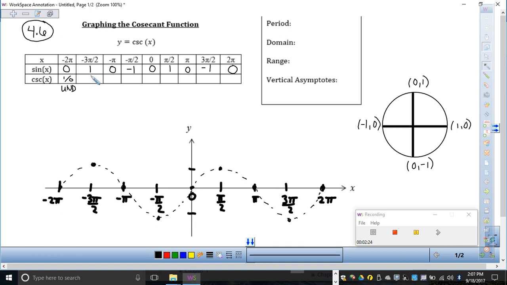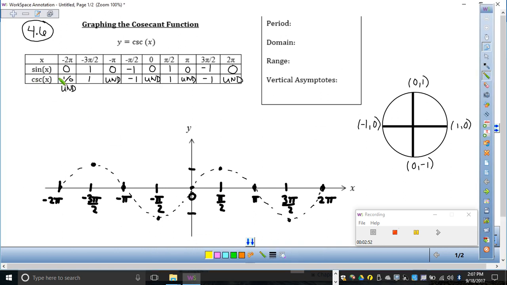The reciprocal is still 1 over 1, so the cosecant value is 1. When sine is 0, again, it's undefined. 1 over 0 is undefined. The reciprocal of negative 1 is negative 1. This pattern is going to continue. So undefined, 1, another undefined, another negative 1, and we end up at undefined.